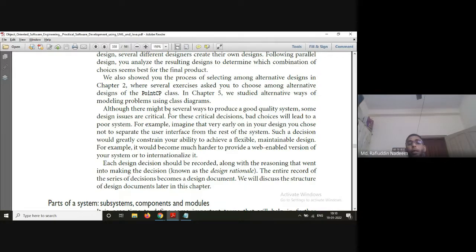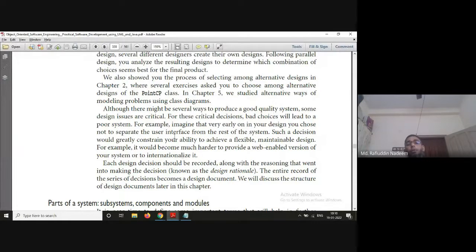For example, imagine that very early in your design, you choose not to have a separate user interface for the rest of the system. Such a design would greatly constrain your ability to achieve a flexible, maintainable design. It would become very hard to provide a web-enabled version of your system or to internationalize it.